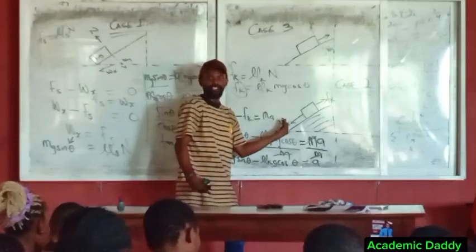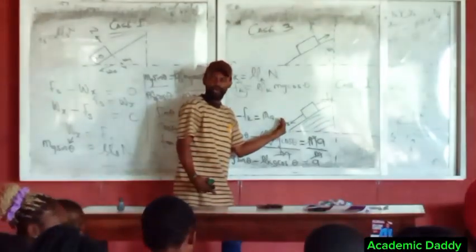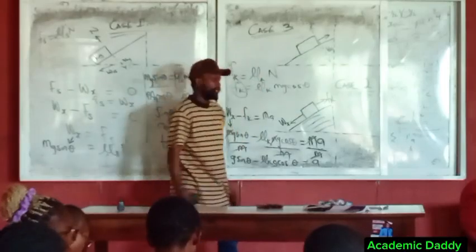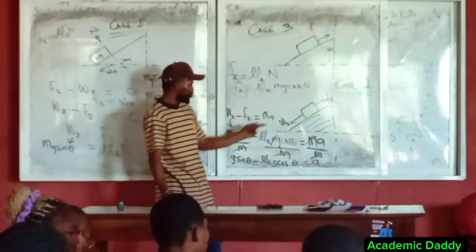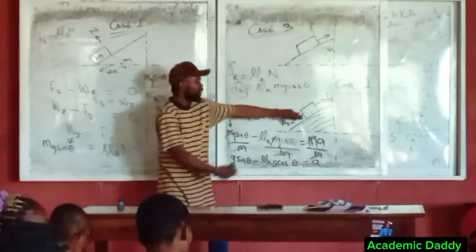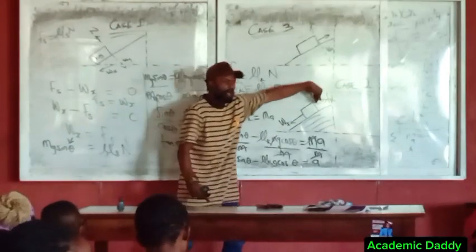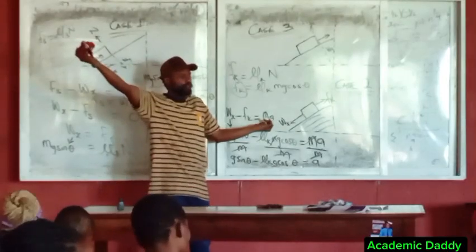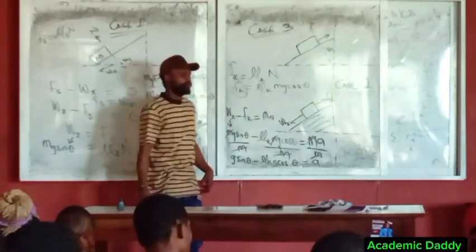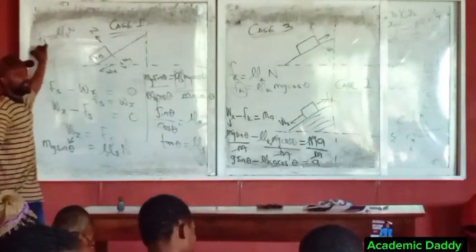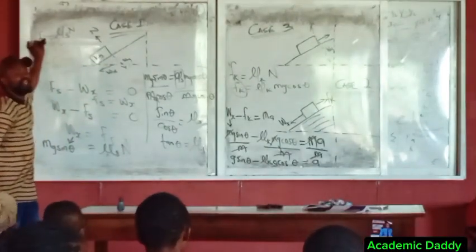Remember we call these weights, which we also call force on the x-axis. So the one going this way and the one going this way, and we derive Wx from mg sin theta. So the forward force minus the backward force equals ma, which is the same principle we use now.